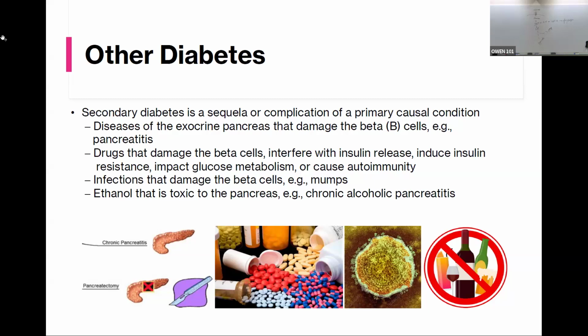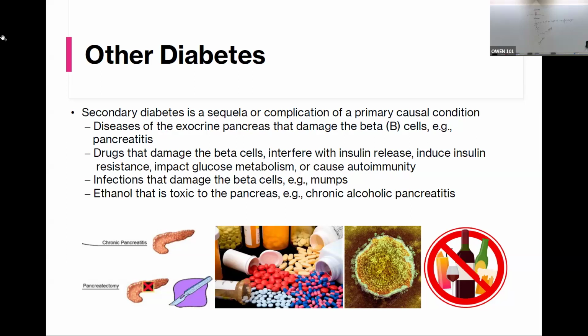So remember, if you prescribe people with statin, right? Atorvastatin, for example, what is one of the side effects? Diabetes, well, increased blood sugar level. So presumably indirectly, that drug interferes with something in the body.